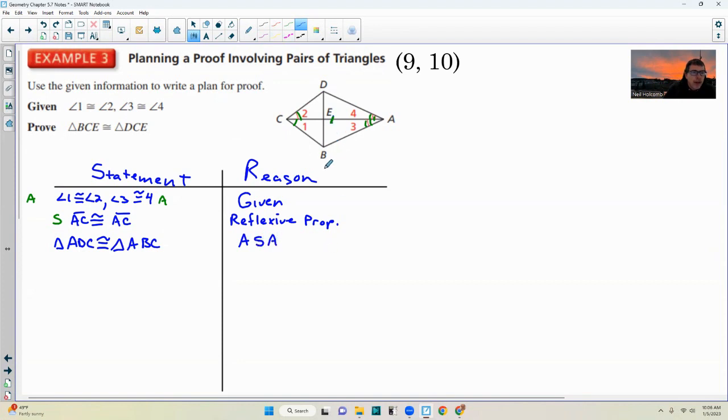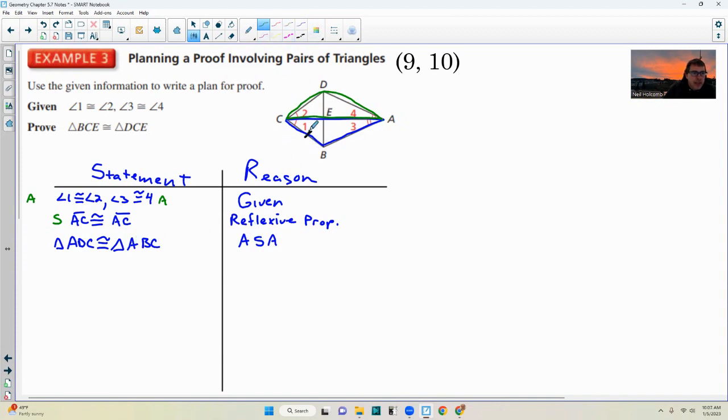Okay? Well, so what did I just prove? Let me erase this. Let me show you. So now I know that this triangle here, triangle ABC is congruent to triangle ADC. These two triangles are congruent because of angle, side, angle.